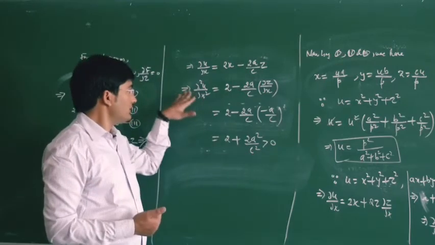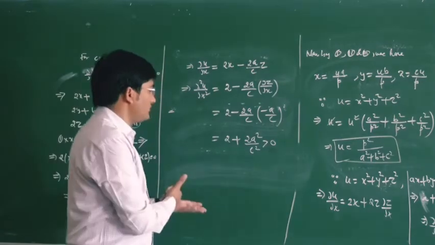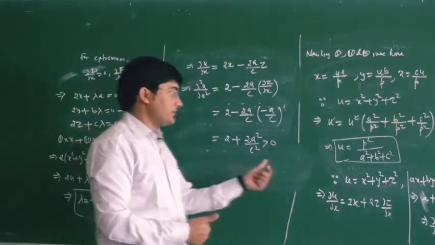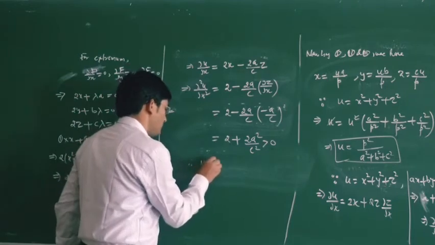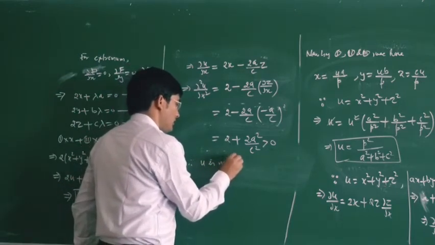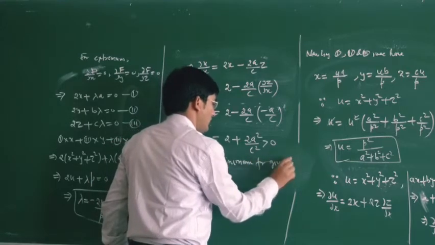So you can say that this double derivative is positive, and as this double derivative is positive, we can say that this u is minimum. Therefore u is minimum for given x, y and z.